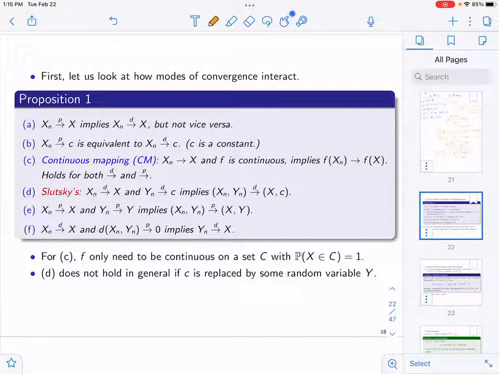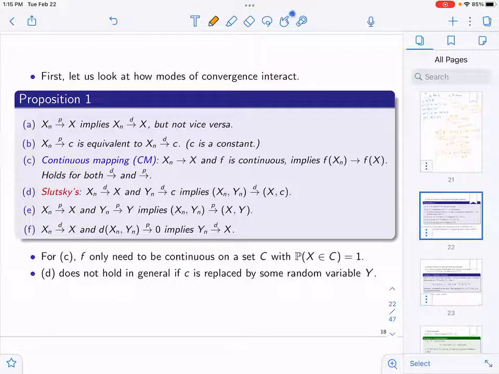The reverse is not true, so convergence in distribution is weaker. If you have convergence to a constant, however, then the reverse also holds. So for convergence to a constant, it doesn't matter if you put P or D, they're equivalent.